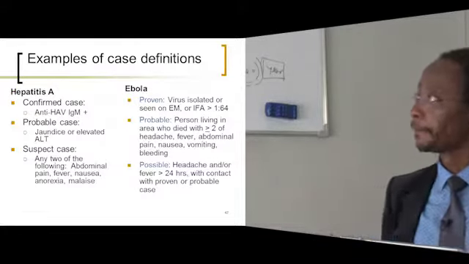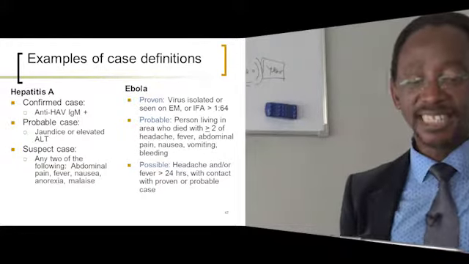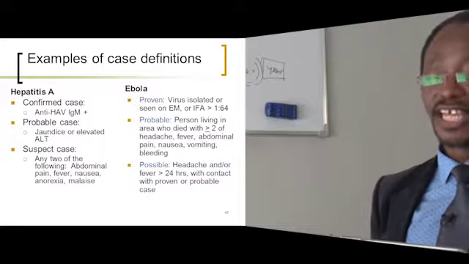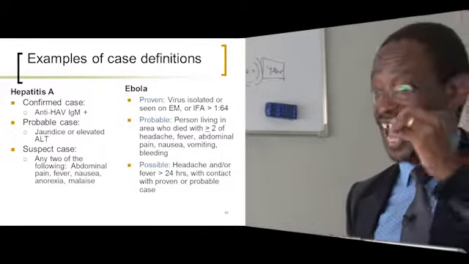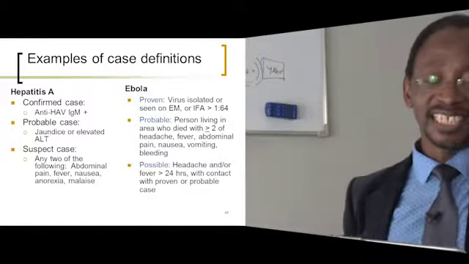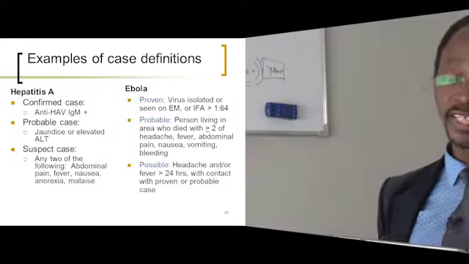Hepatitis A confirmed case is a person who is found to have anti-hepatitis A virus immunoglobulins. So the antibodies are there against hepatitis A virus, showing that they had a recent hepatitis A virus infection.